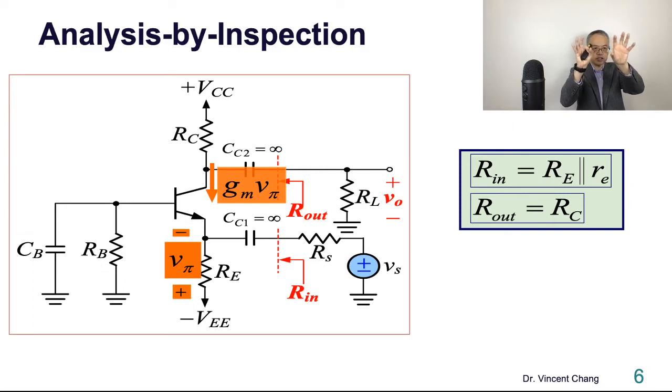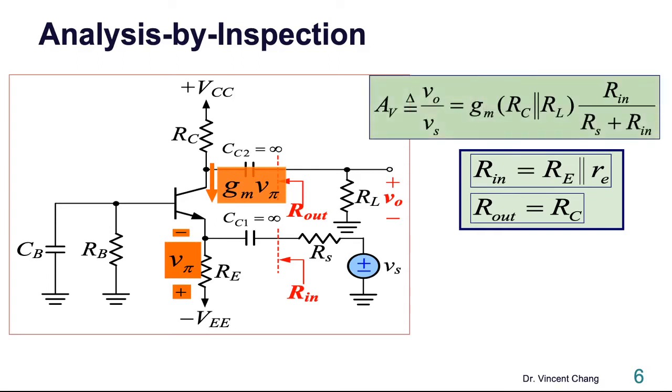Voltage divider relation. But pay attention to the negative sign. The negative on the second term times the negative on the first term cancel out. So the final answer is gm, RC parallel RL, times Rin divided by Rs plus Rin. That's it.